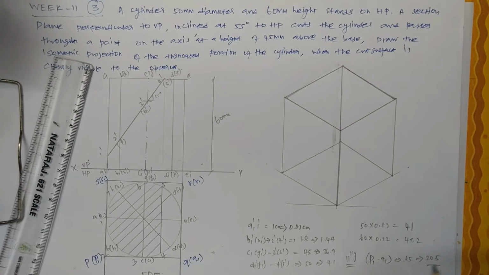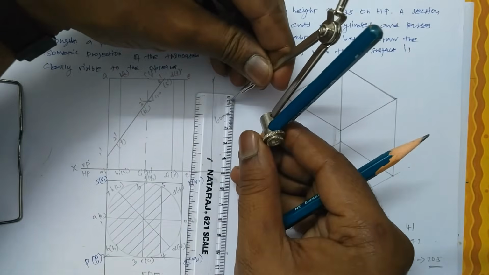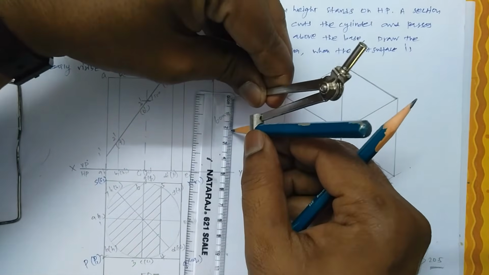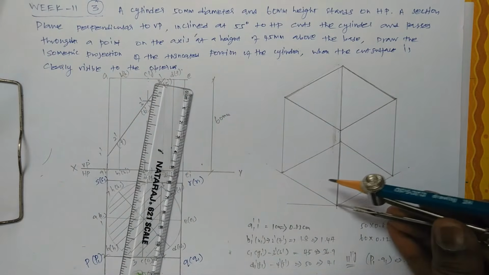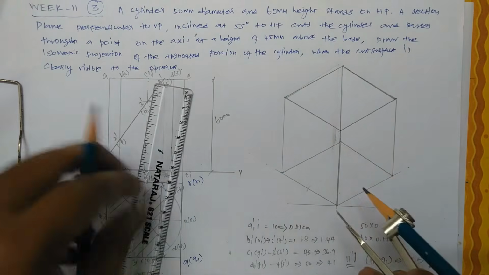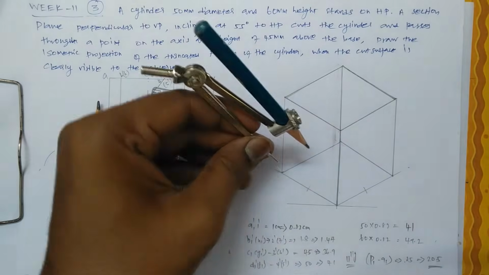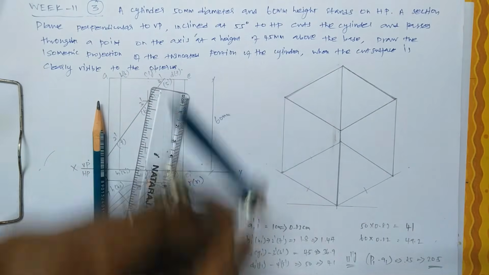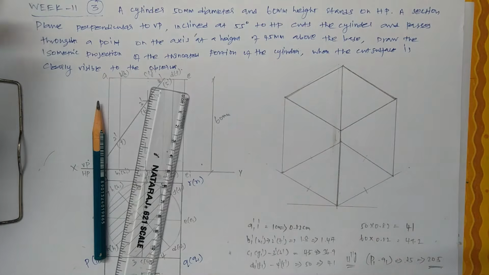So here the base is P1 to A1. It's nothing but 50, so it is half of that. Half of 50 is 20.5. Let us mark all A, C, that is C1, and G and E, E1.